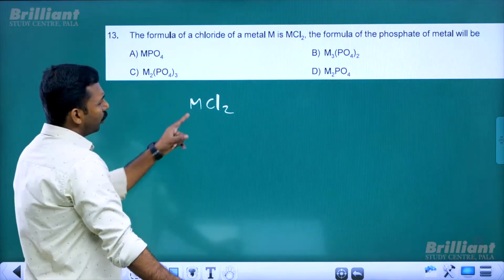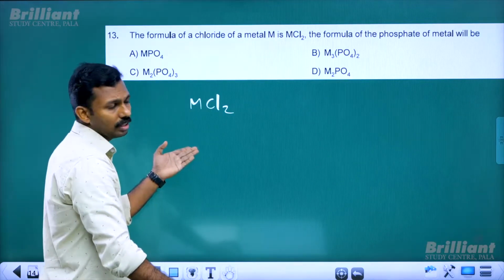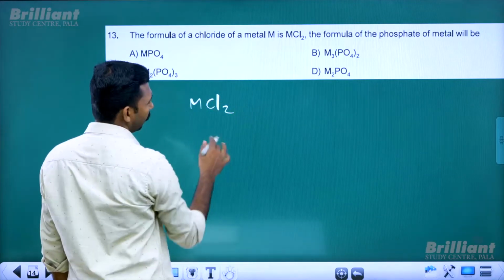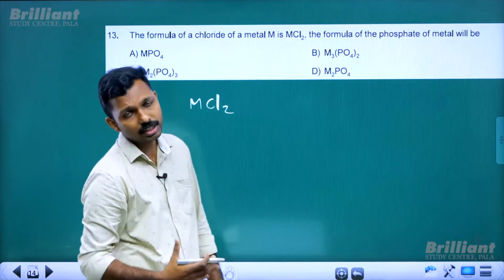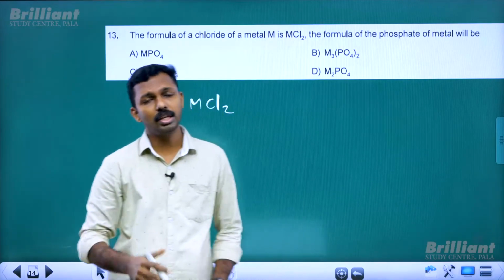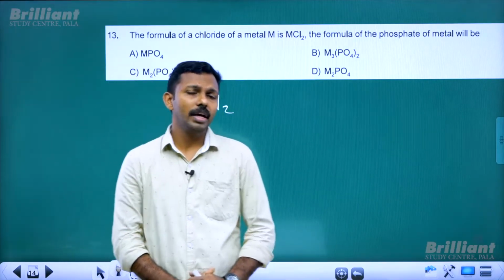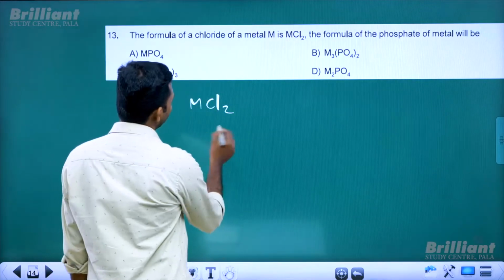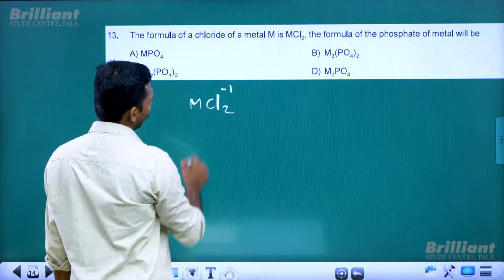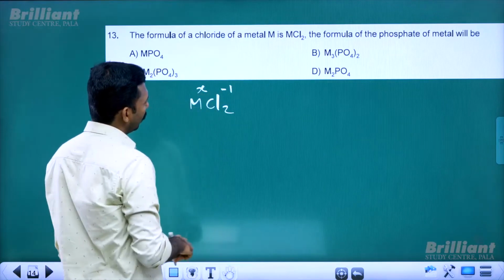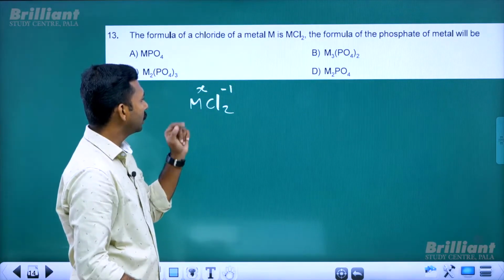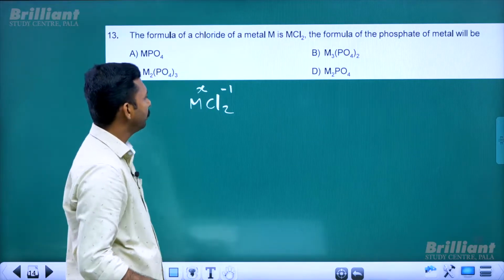So from this formula, M is a metal, chlorine is a non-metal, we know. But so we know that chlorine is from a halogen. Chlorine is a halogen. Its valency will be -1 always. Don't forget. So -1 here. Here it is given as X. So how can we calculate the valency or oxidation state of metal?